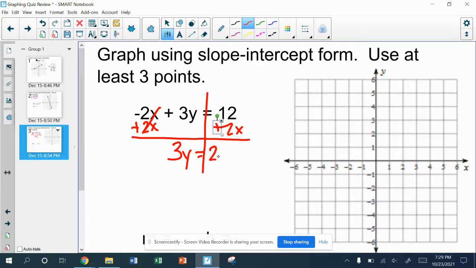I would say 2x plus 12. And then I don't want 3y. I just want y. So I'm going to divide everybody by 3. And I get that y equals, now that 2x over 3, I would just write as 2/3 x plus, and then 12 over 3 is just a 4.